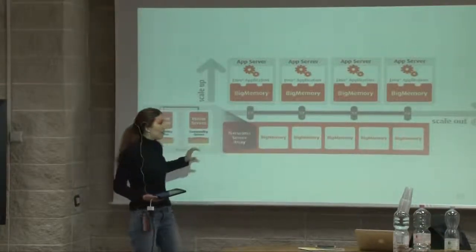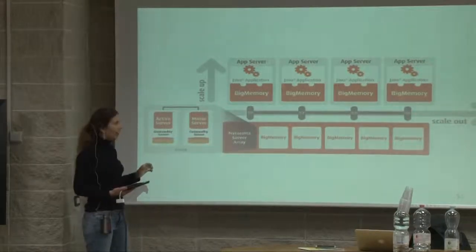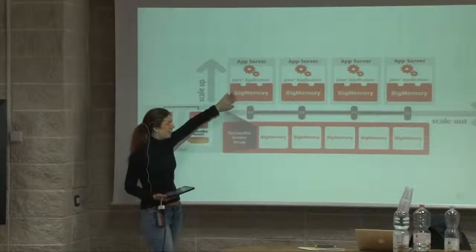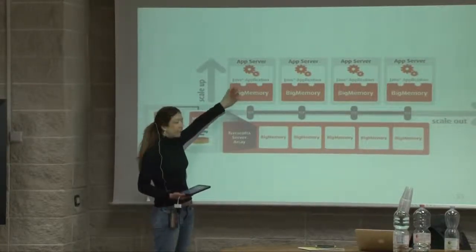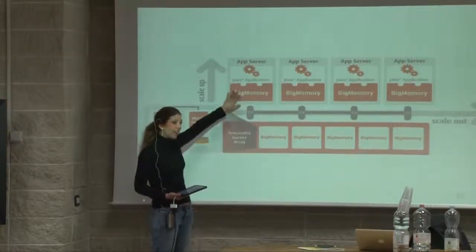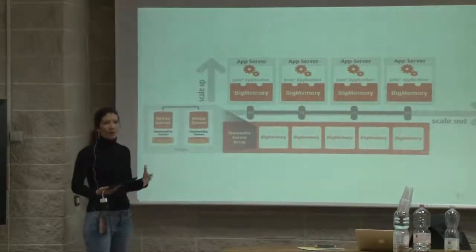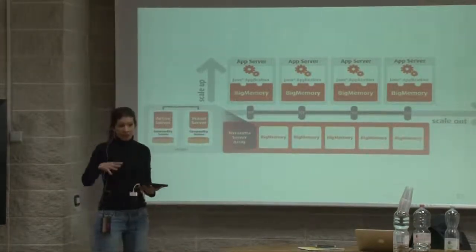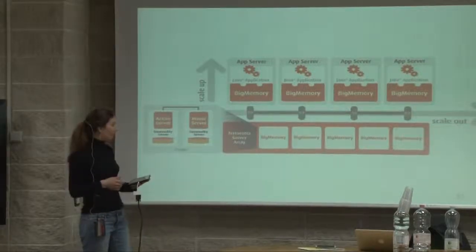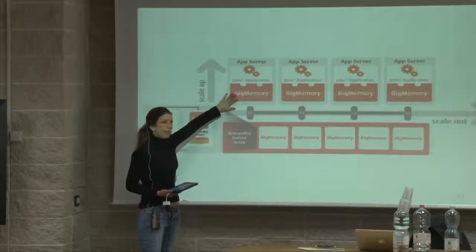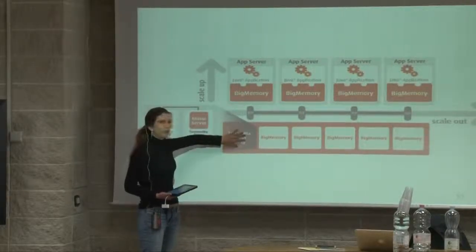But what is interesting here is that you also have BigMemory. Think about it as a cache. You have in fact a local cache and a remote cache. Normally, if your cache is well configured and well sized, here we call that L1, level 1 cache, and here it's level 2 cache.